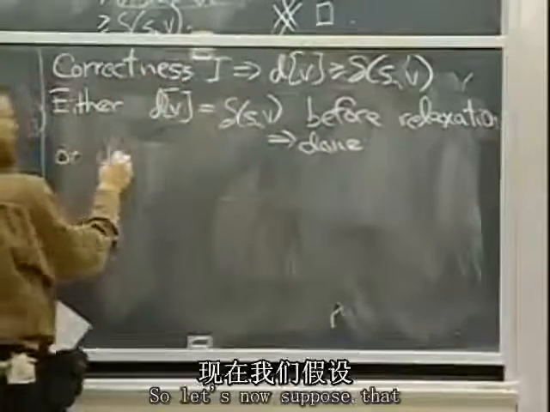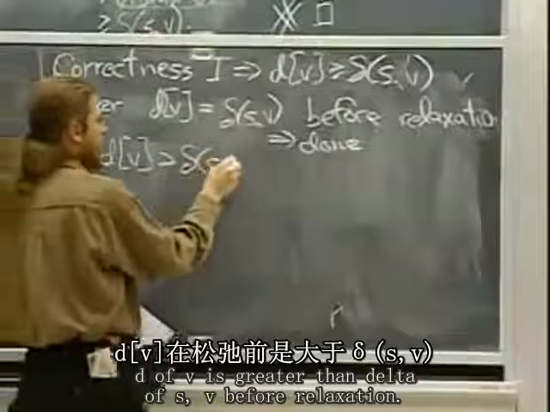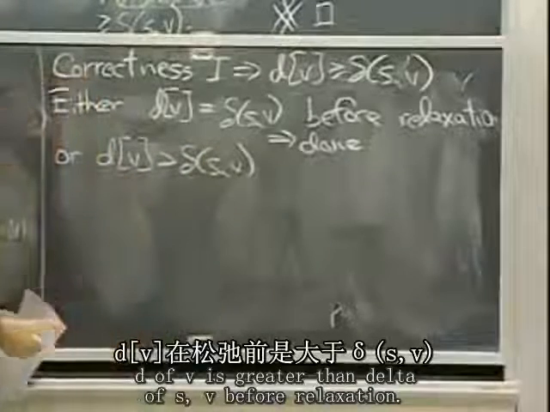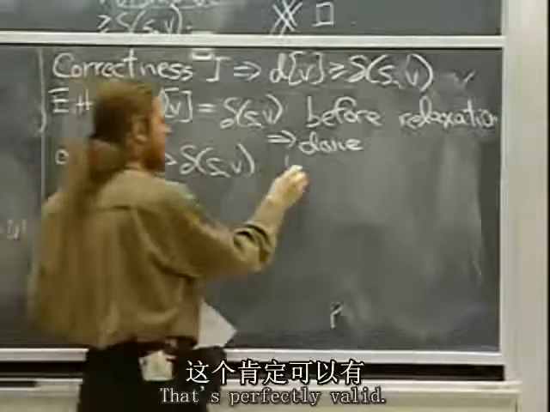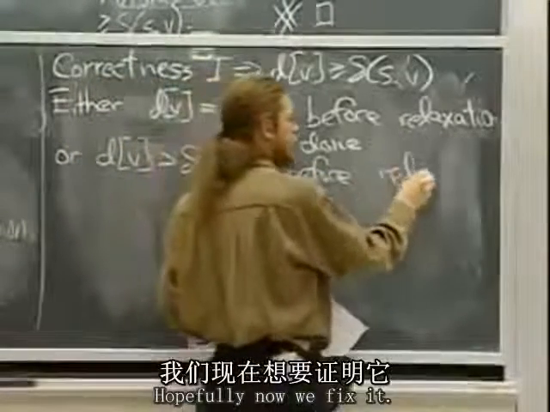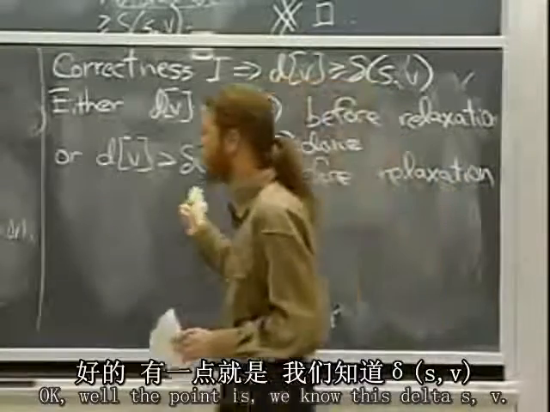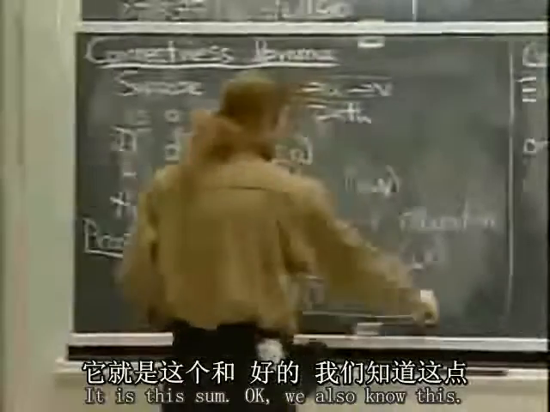So let's now suppose that d of v is greater than delta of s comma v before relaxation. That's perfectly valid. Hopefully now we fix it. Well, the point is, we know this delta of s comma v. It is this sum.